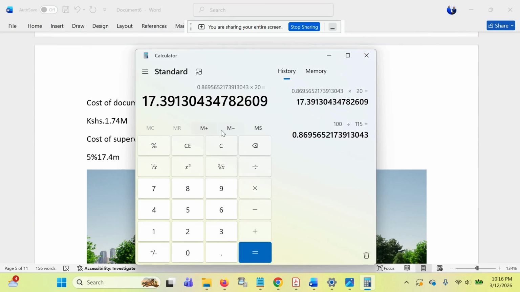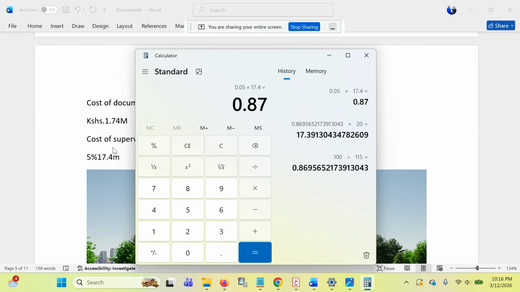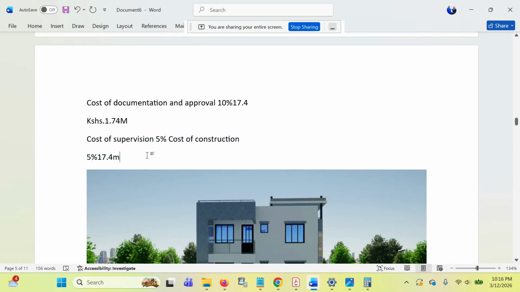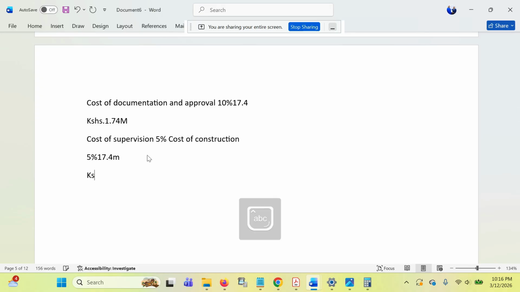Similarly, cost of supervision is 5% of cost of construction. So that would be 5% of 17.4. What would that give us? So 5% of 17.4. That would be 0.87 million.